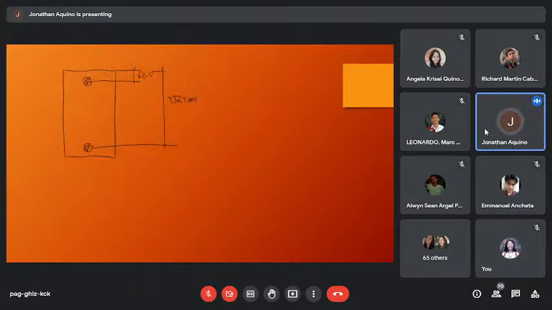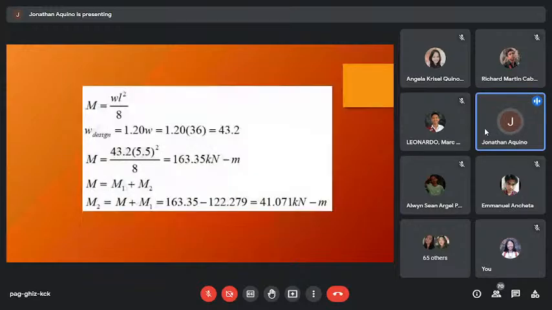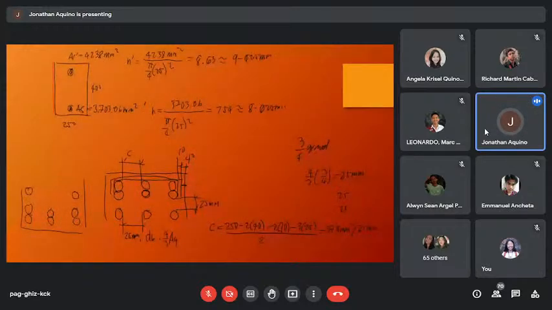Kasi ang ibig sabihin nito, yung distance from the centroid of the compression bars to the top of the beam is 62.5. Same true with this one. The centroid of the tension reinforcement to the top of the beam is 337.5. In this case, hindi na siya 62.5 and 337.5.